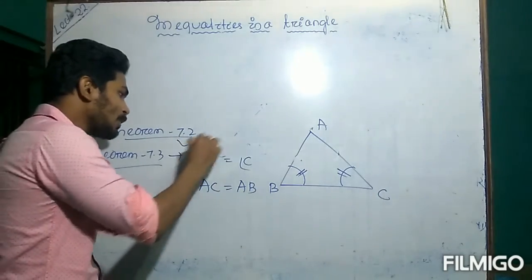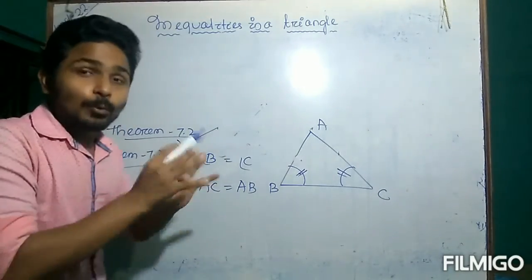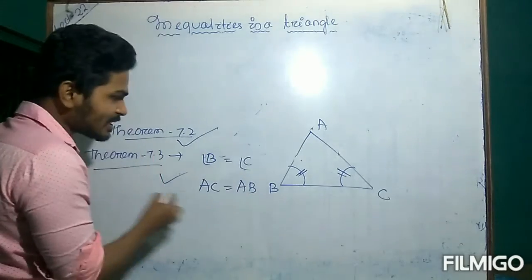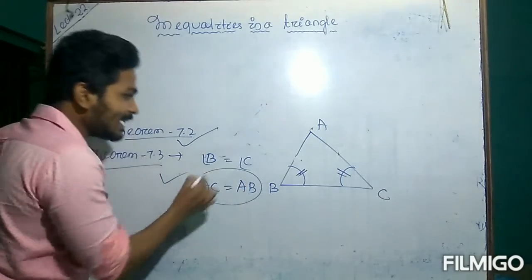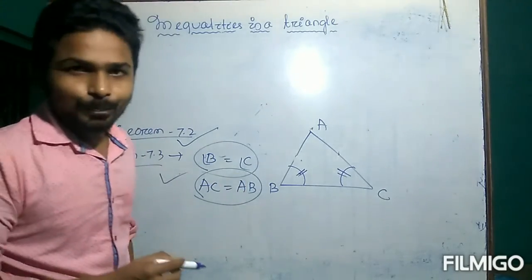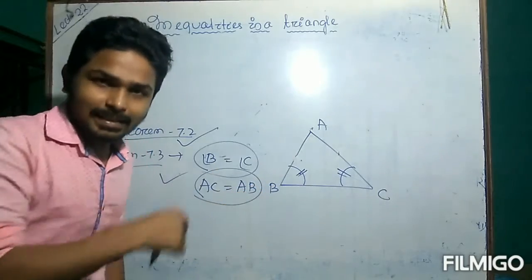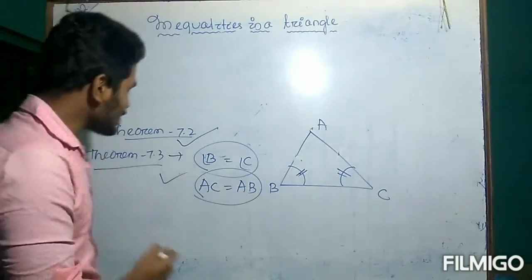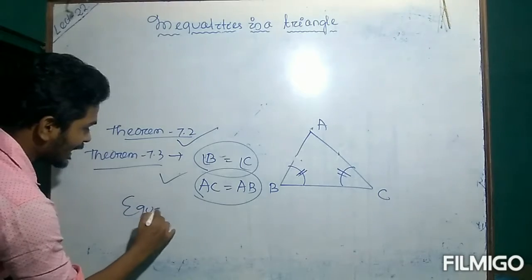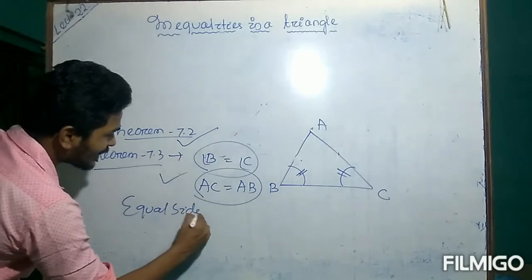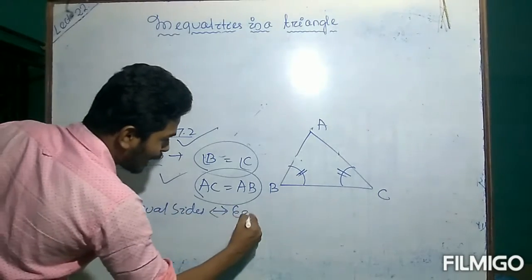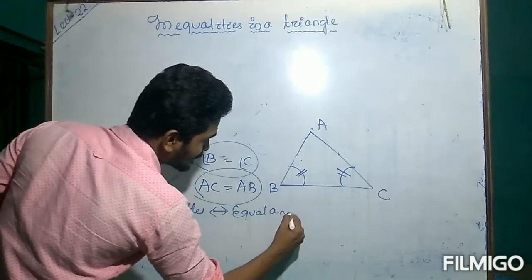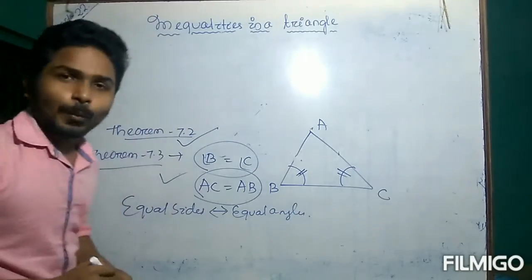So both in 7.2 and 7.3, we have discussed the relationship between equal sides and equal angles. If sides are equal, then angles are equal. If angles are equal, then sides are equal. Yes or no?